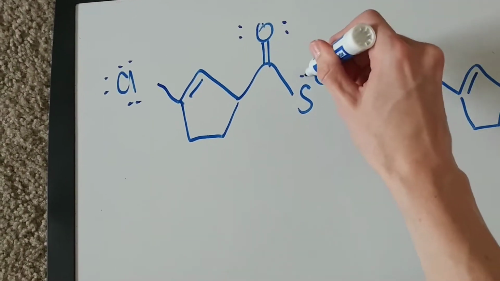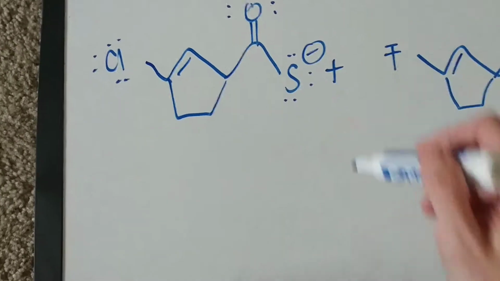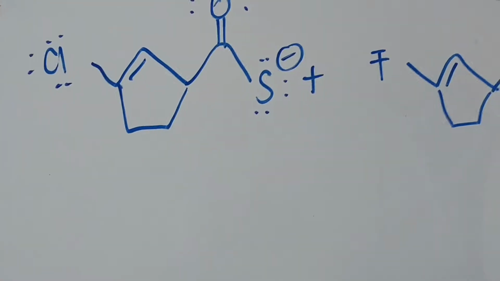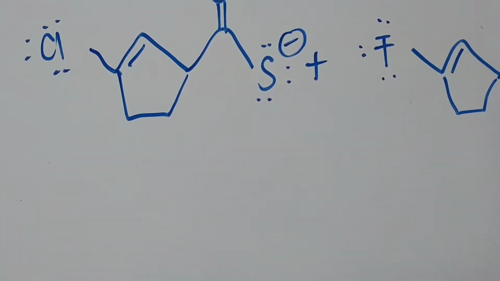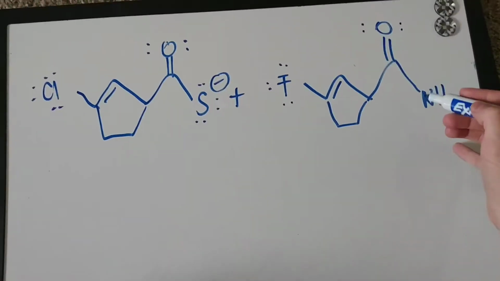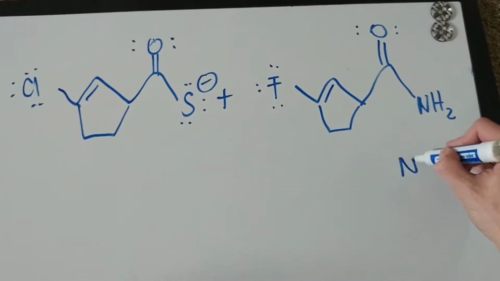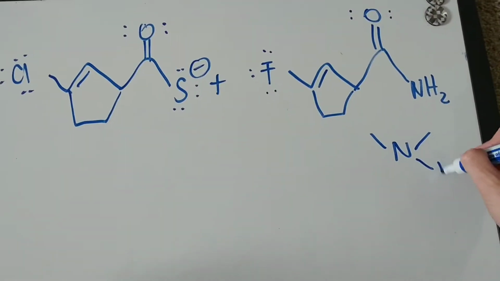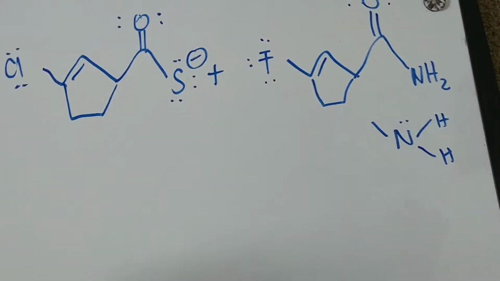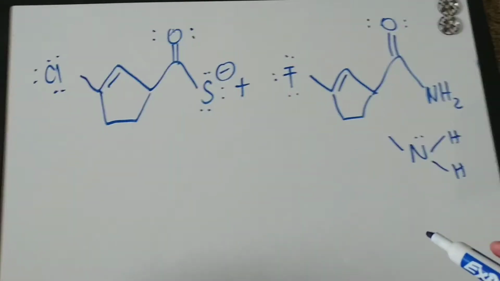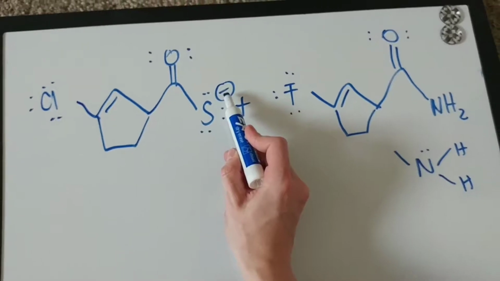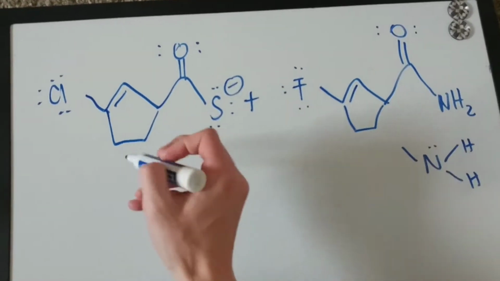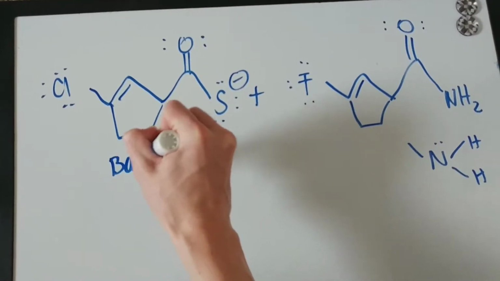And then there's a negative charge on this sulfur. And then this NH2 group can be broken down like so with the two lone pairs on the nitrogen. So this, because of the negative charge, that's the red flag, so this would be the base.